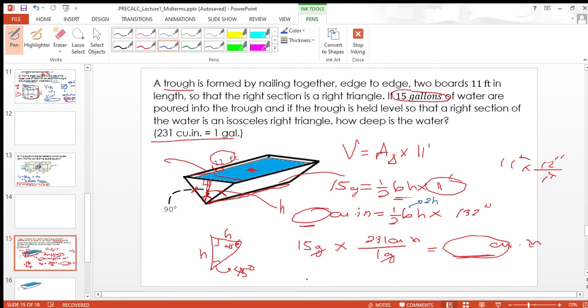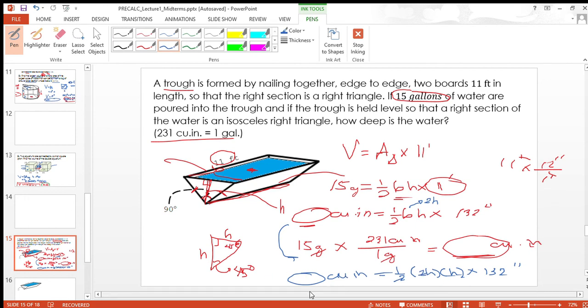So, final result will now be, kung ano yung value mo rito, cubic inches equals 1/2. B is 2H, okay, times H times 132 inches. So, 2 and 2 will cancel out. That will be H squared.